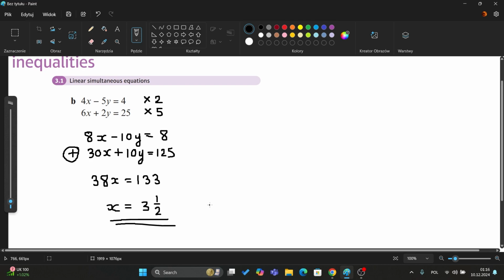Now we can use this value of x to find the value of y simply by substituting it into the first or second equation. So we are going to use 4x minus 5y equals 4. We are going to make y the subject, so 4x minus 4 equals 5y, and y is equal to 4x minus 4 over 5.